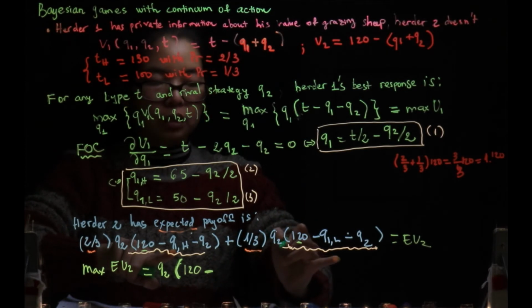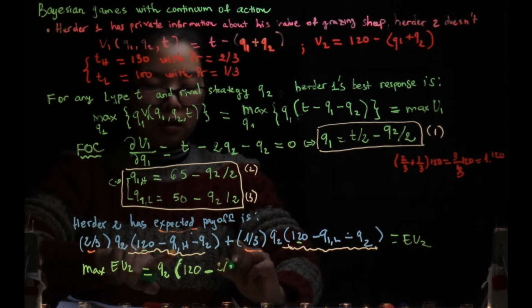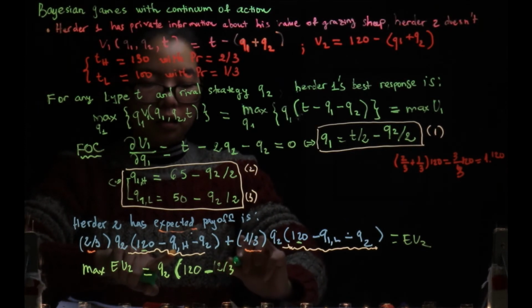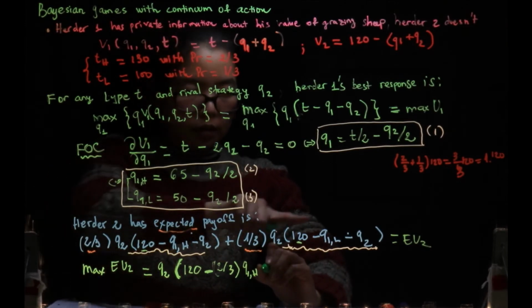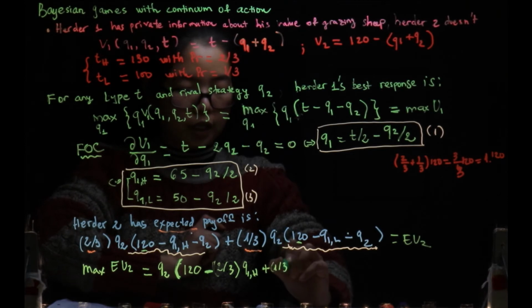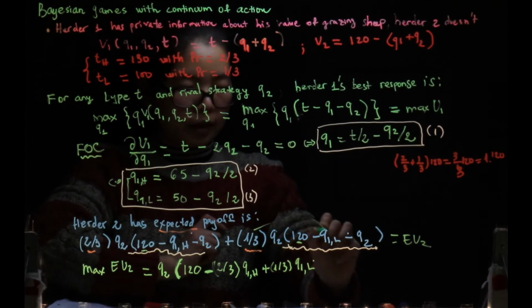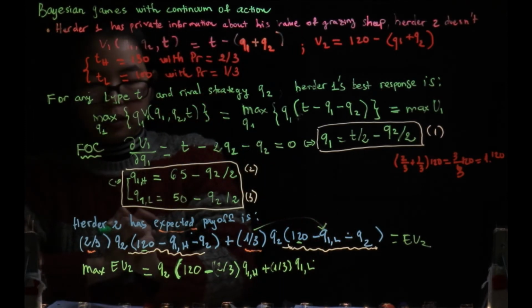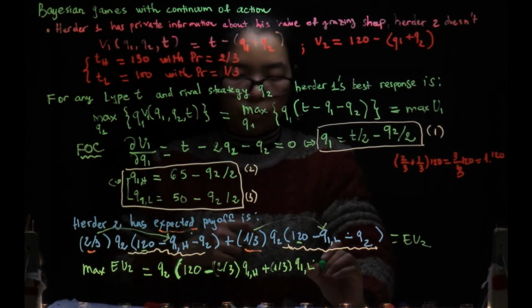And because the second term doesn't have any Q1 high, just rewrite it. And for Q1 low in the other term also, but now with 1/3, right? This is here and here. This is so far what we do.